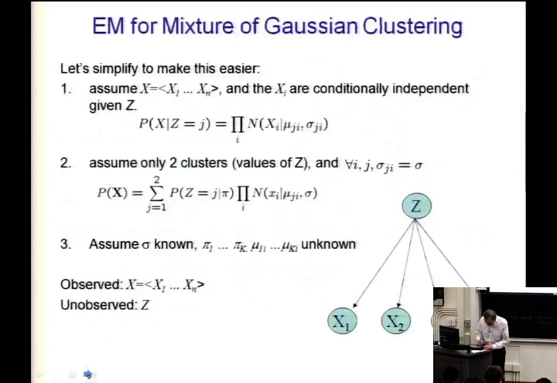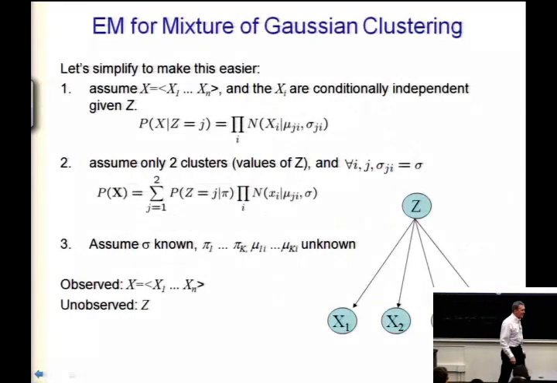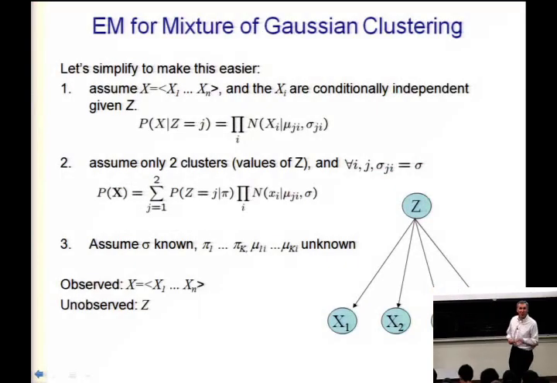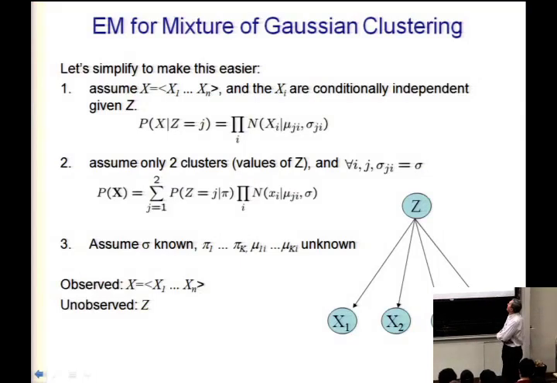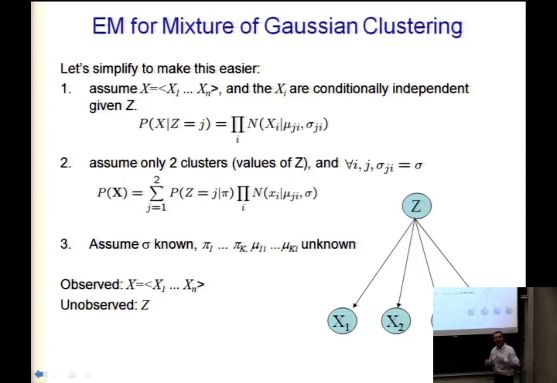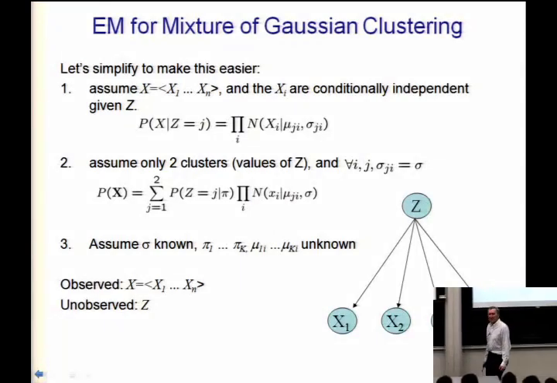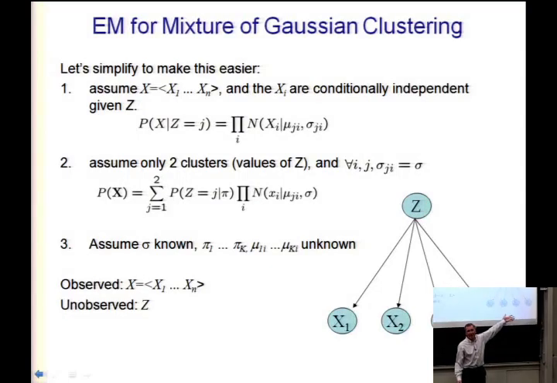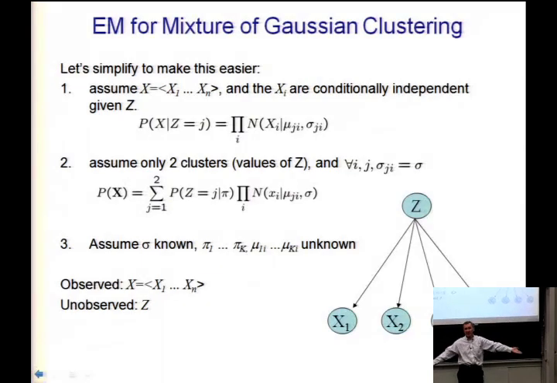Okay, so to tie this back into the naive Bayes EM question that we were looking at last time, if I simplify this by one little bit by making the naive Bayes conditional independence assumption, then I can train a mixture of Gaussian model that is really identical to the parametric form of the probability distribution that we trained for our Gaussian naive Bayes.